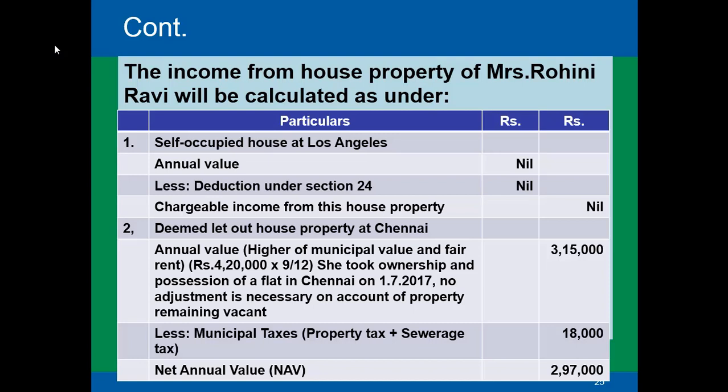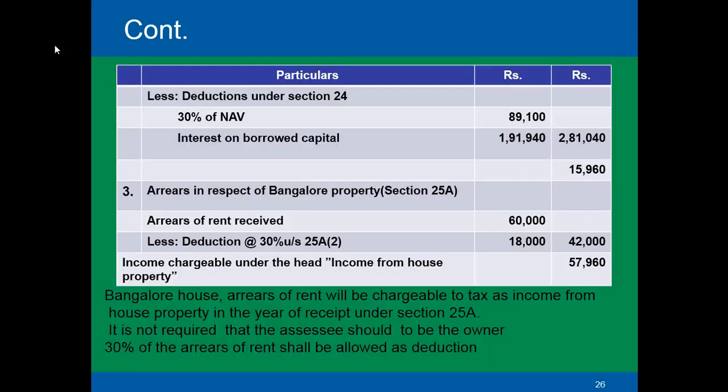Now she will be allowed municipal taxes deduction on account of the property tax plus the sewerage charges, which comes to rupees 18,000. So the net annual value would be taken as 2,97,000.